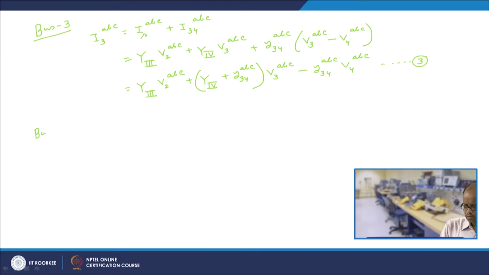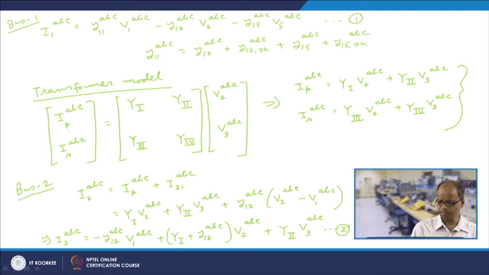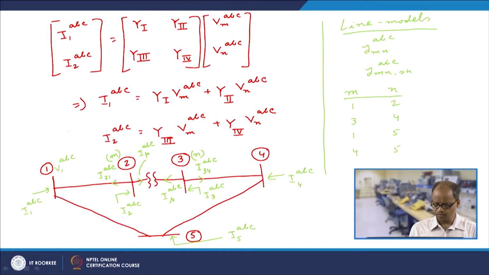Well, so these are the equations at bus 2 and 3 we needed to write down explicitly, and for bus 4 and 5, the equations should be very simple. At bus 4 and 5, what would be the equation?